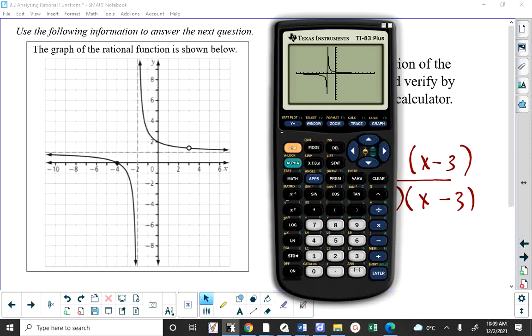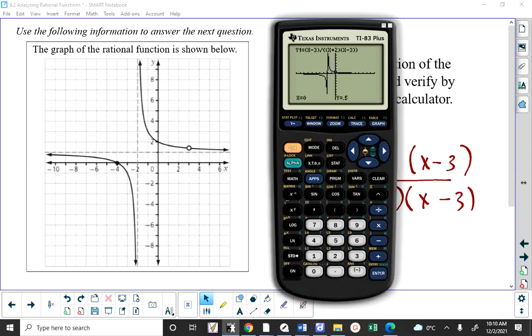First of all, what you're looking at on the graphing calculator appears to have a horizontal asymptote on the x-axis, right? There will be a hole there at x equals 3, but it's not right. The y-intercept of the graph we're after is 2, but here the y-intercept is 0.5.